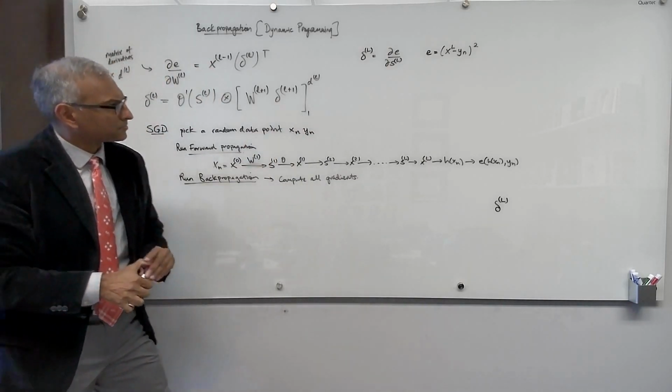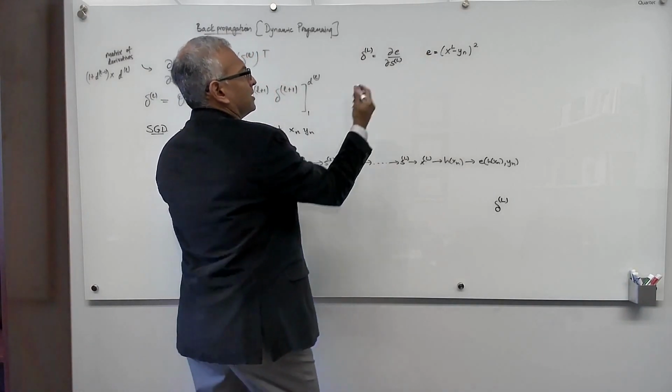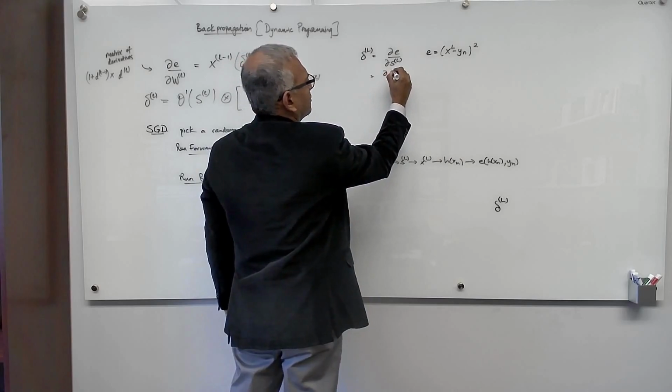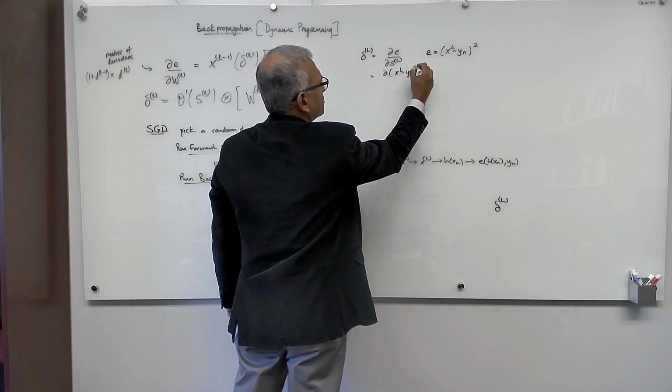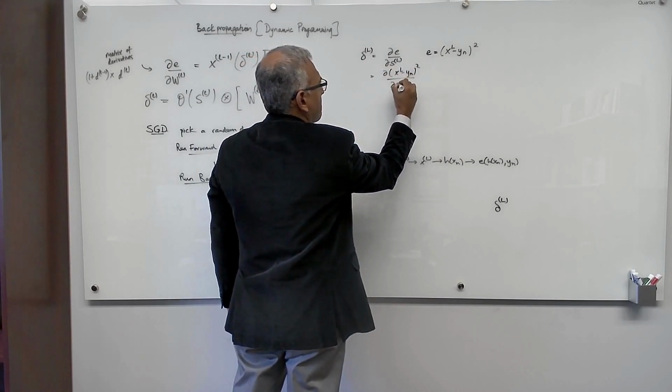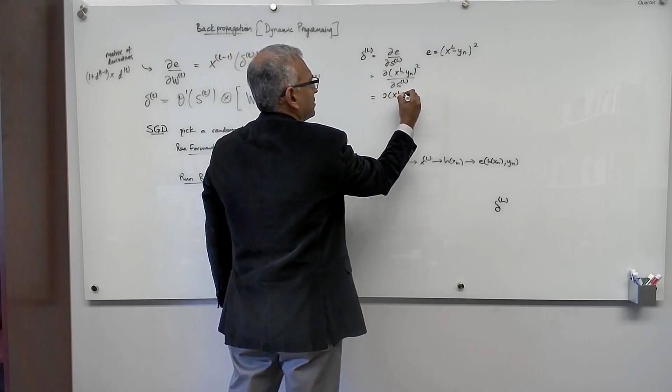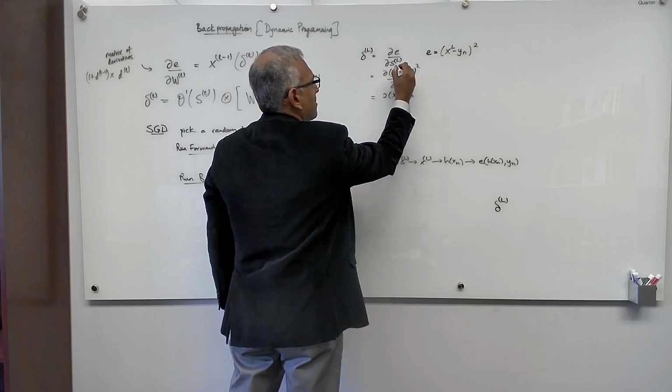Then this derivative, dE by dSL, is equal to the derivative of (xL minus yn) squared with respect to SL, which is equal to twice (xL minus yn).